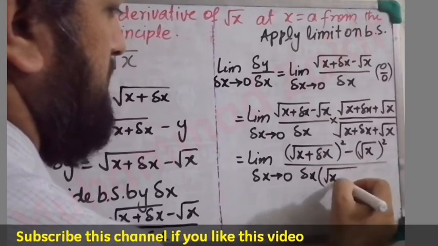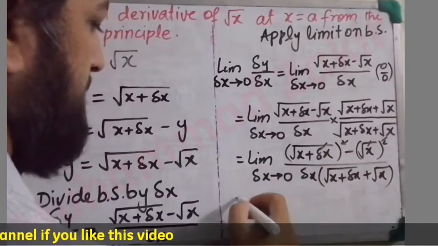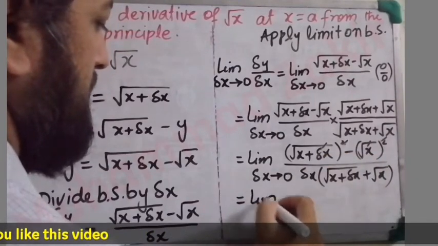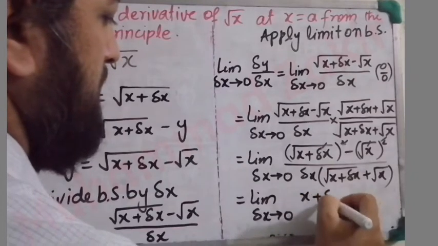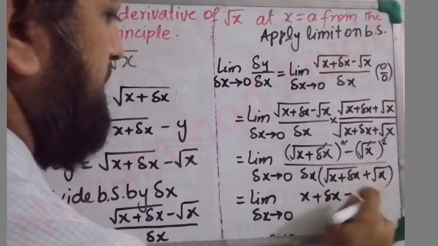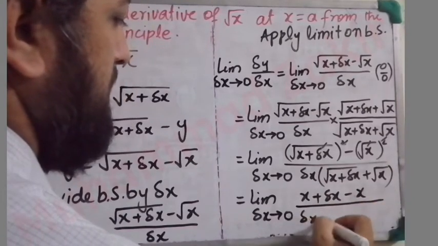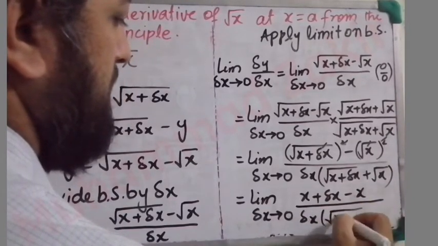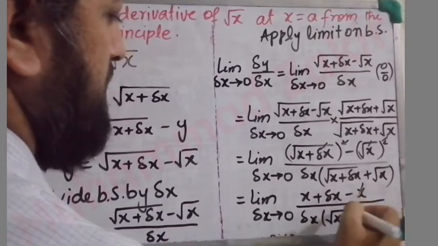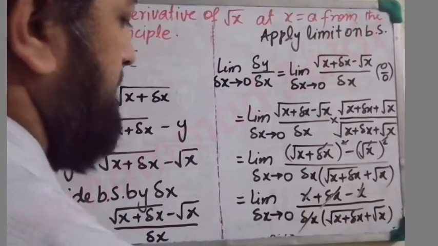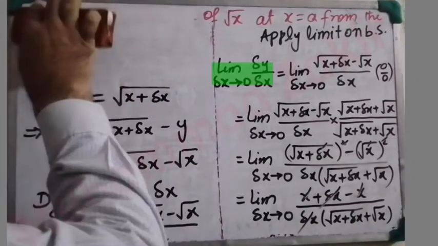Denominator makes delta x product with square root of x plus delta x plus square root x, and root and square all cancelled, and then we have x plus delta x minus x divided by delta x times square root of x plus delta x plus square root x. This denominator is unchanged. We can see x cancels x, delta x cancels delta x from numerator and denominator.